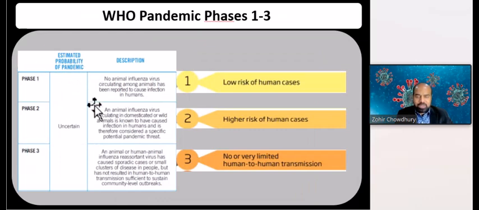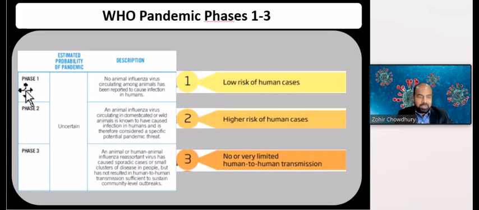Phases 1 to 3 are detailed here. We know that in nature, influenza viruses circulate continuously among animals, especially in birds. And even though such viruses might theoretically develop into pandemic viruses, in phase 1, no viruses circulating among animals have been reported to cause infections in humans.